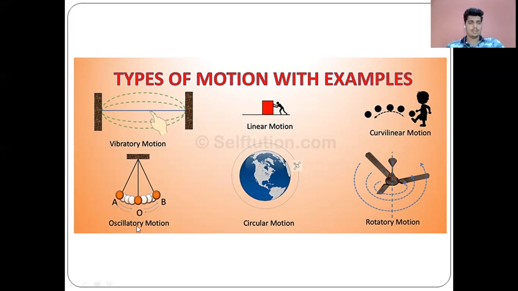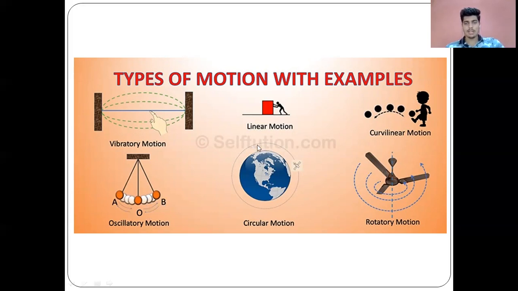Then here we have oscillatory motion. You might have observed this kind of motion in, let's say, clocks majorly. The bob of the clock is usually moving left, right. So that is nothing but an oscillatory motion. Then, for an example of circulatory motion, you may see here is Earth and here is a satellite.